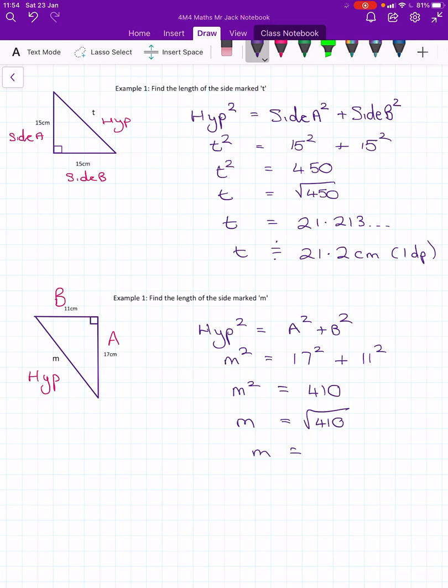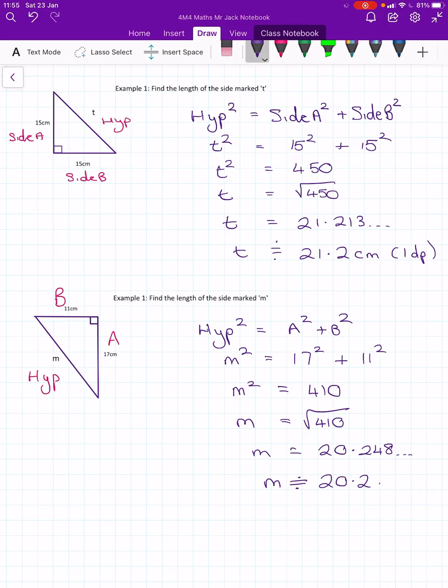So the square root of 410 is going to give me 20.248 and lots of numbers after that. So M is, a rounded answer is going to be 20.2. Again, that's just 1 decimal place.